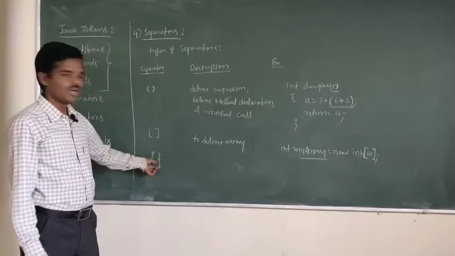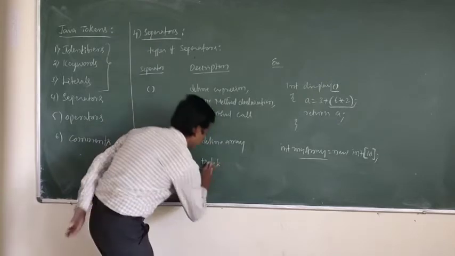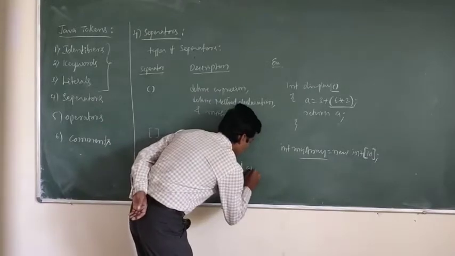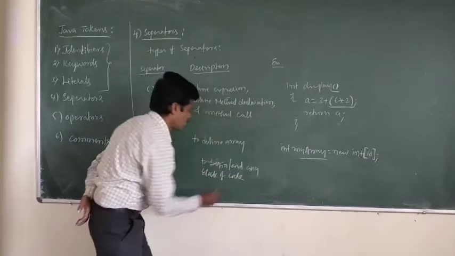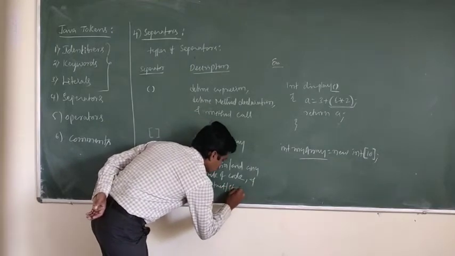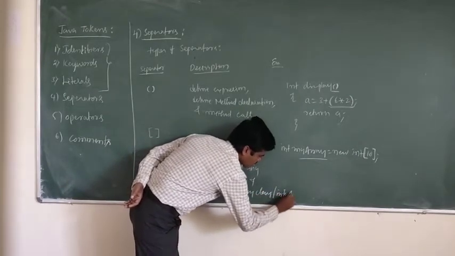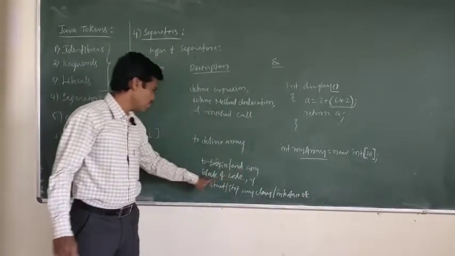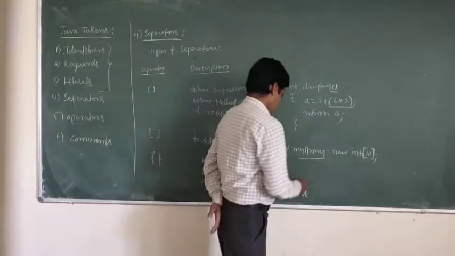So curly braces are used to begin and end any block of code, and also to start and stop any class and interface, etc.